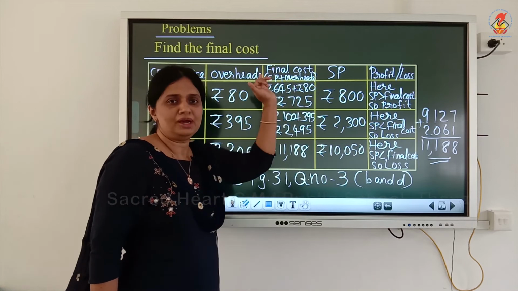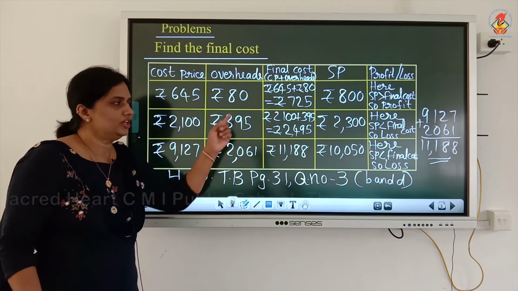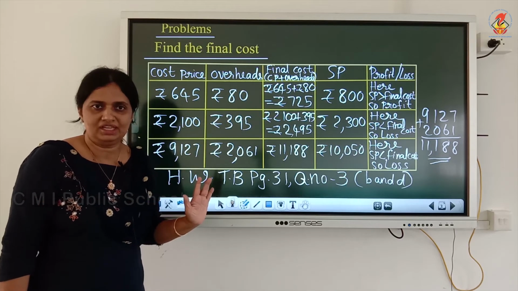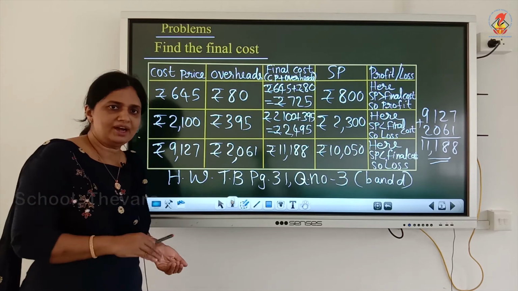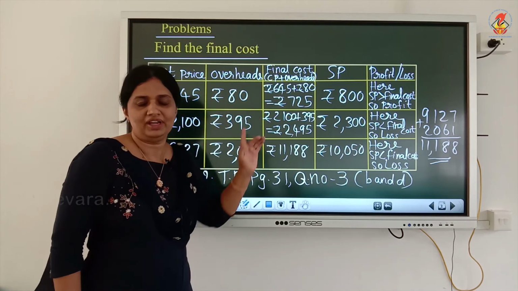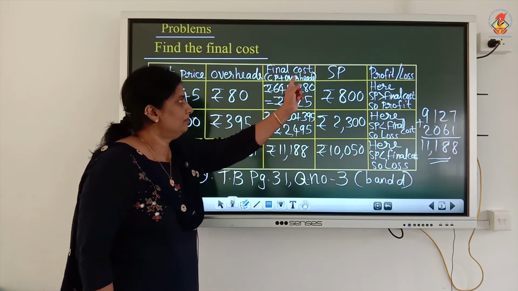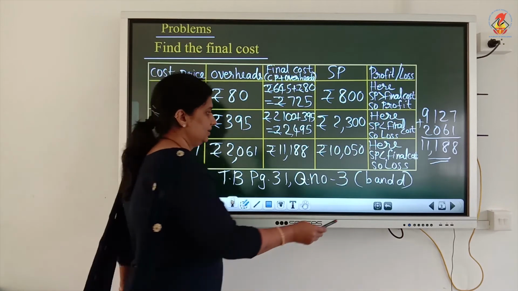After that we need to compare SP and final cost only. In the other case we compare selling price and cost price only. Sometimes only overheads will come. If overheads come, the final cost will come in the problem. After that we need to compare this and this. Is it clear? Yeah.